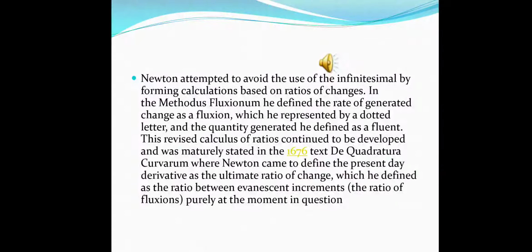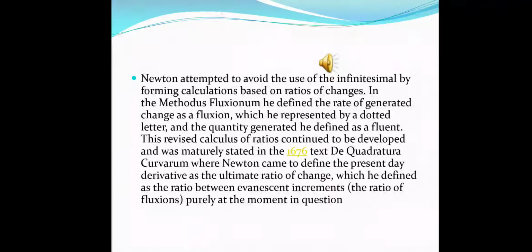Further, Newton attempted to avoid the use of infinitesimals by forming calculations based on the ratios of change. In the Methodus Fluxionum, he defined the rate of generated changes as fluxion, which he represented by a dotted letter, and the quantity generated he defined as fluent.